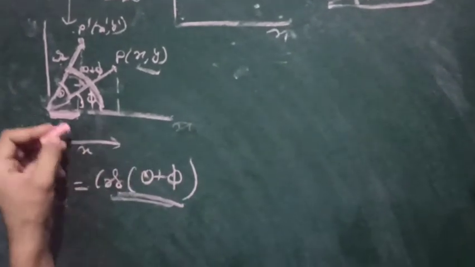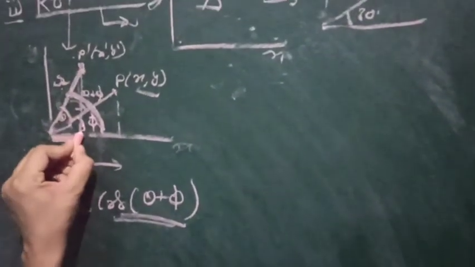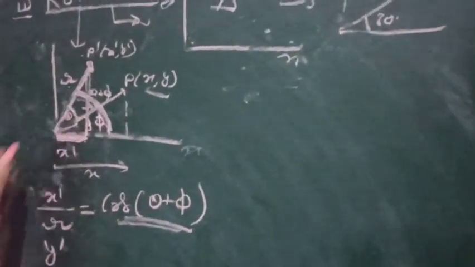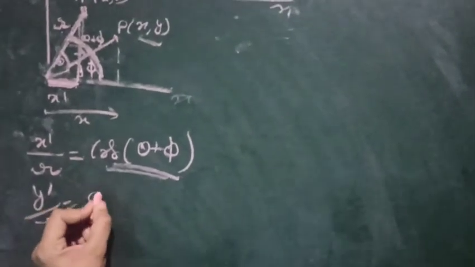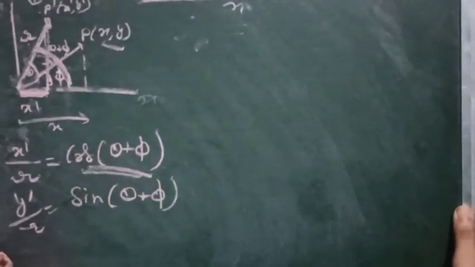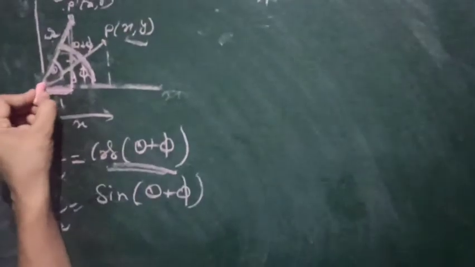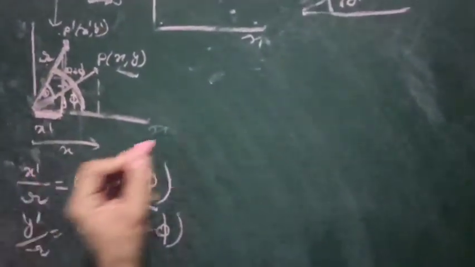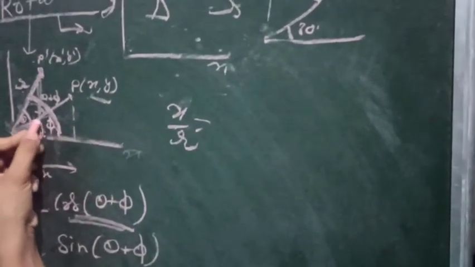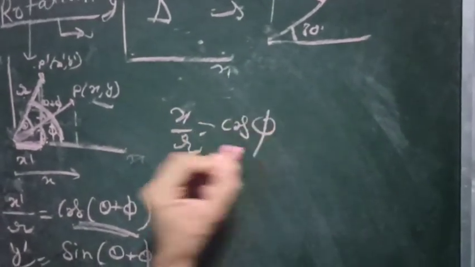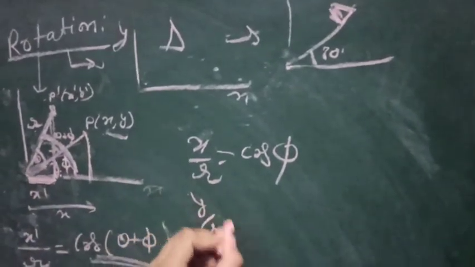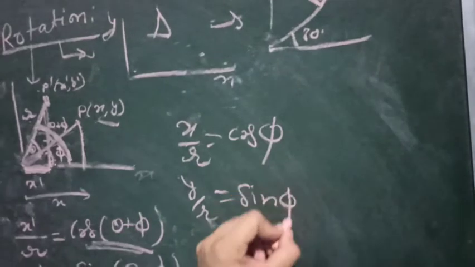Also we can see that y dash divided by r is equal to sin theta plus phi. When we take the point Pxy, then x divided by r is equal to cos phi, since it's making an angle phi, and y divided by r is equal to sin phi.